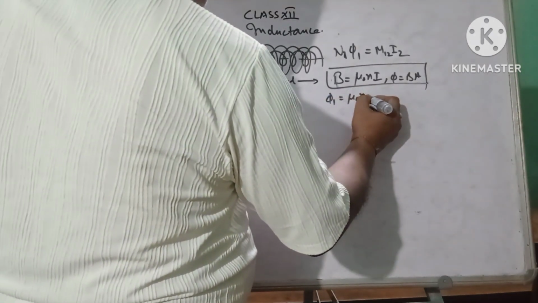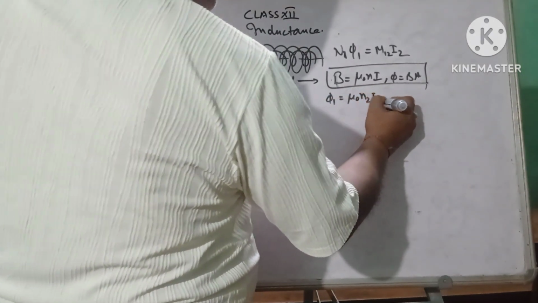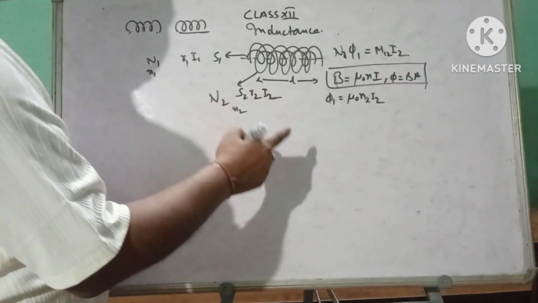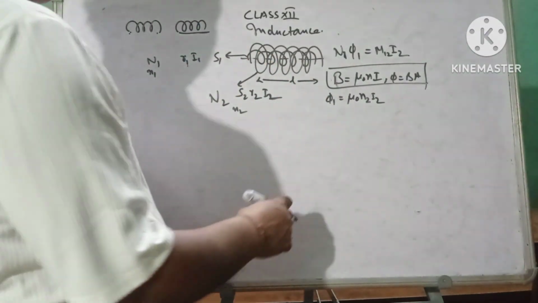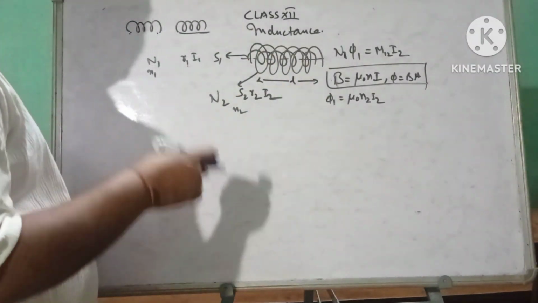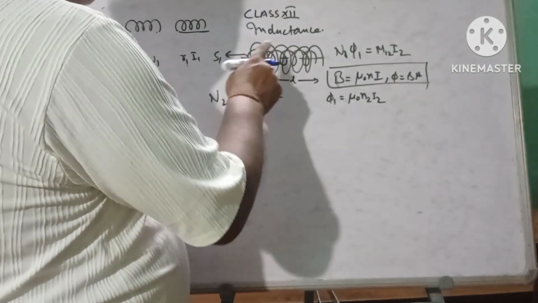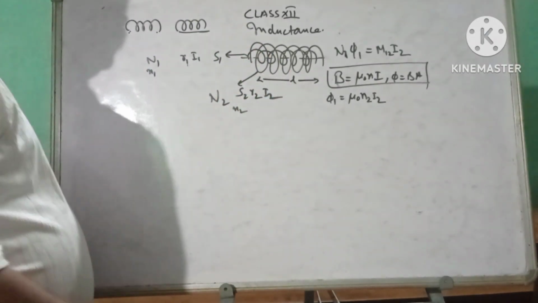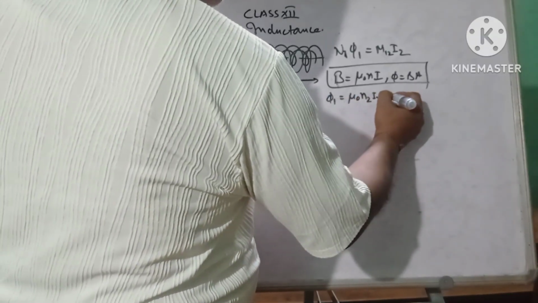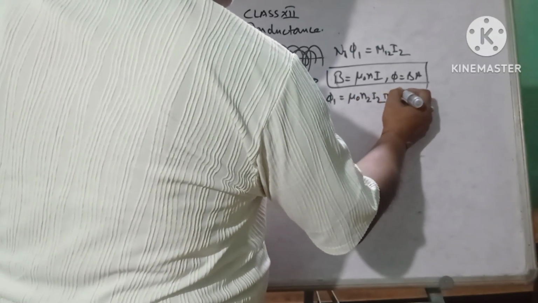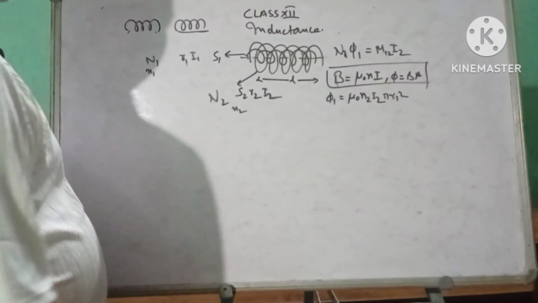So this is N2 and I2, because we are considering the current flowing in the bigger coil and the flux linkage in the smaller coil. Remember that the current is flowing in the bigger coil, but the flux linkage is with the smaller coil. And the area is pi R1 square, because we are considering the smaller coil.